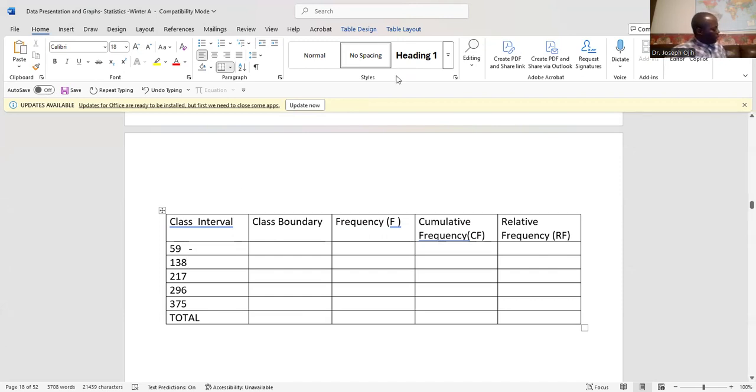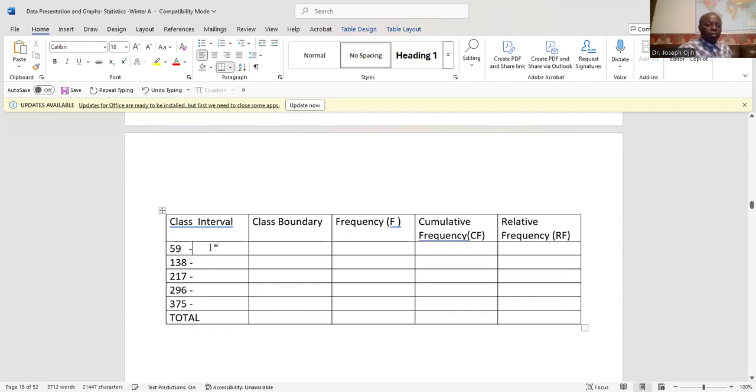So now we have dashes here. This one is 59 and this one is 138, so you have to get 137 before you get 138.